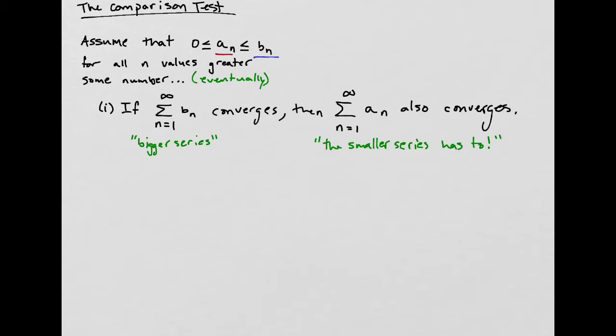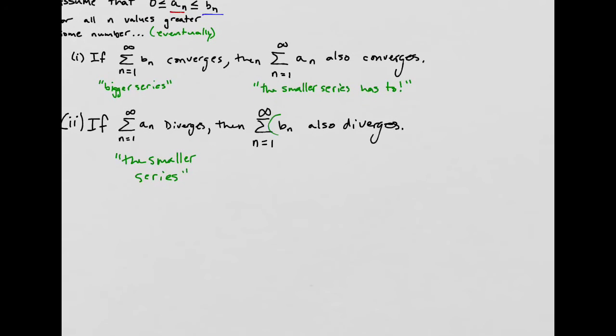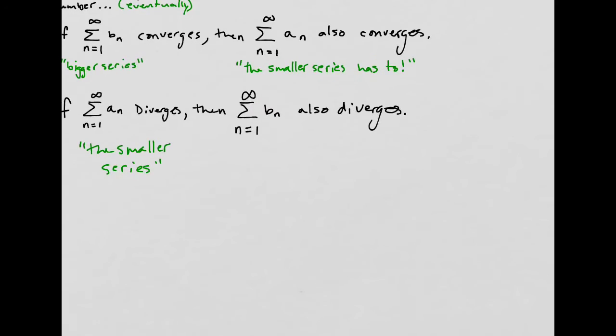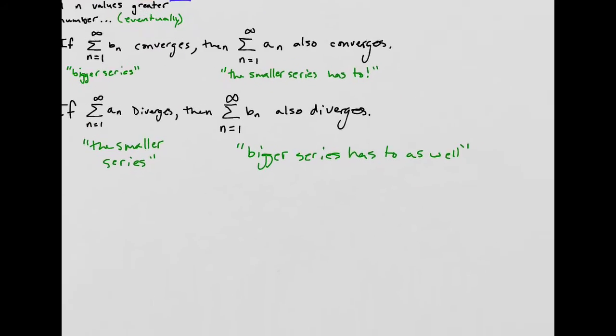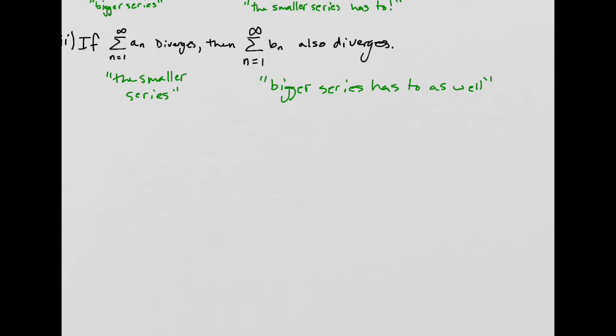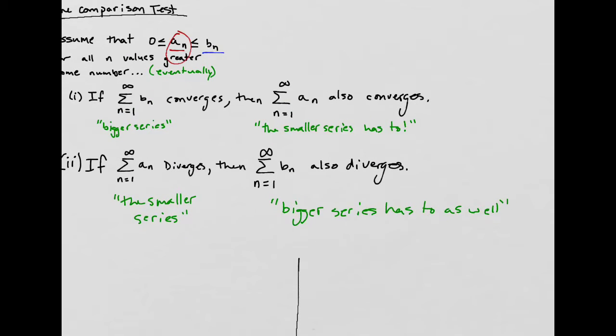And it works the other way for divergent series. If the smaller series diverges, then the bigger series also must diverge. I'm going to draw a similar picture to provide an argument for that. I'll first start out by drawing the smaller series, which will be red, because we said it was the smaller one.